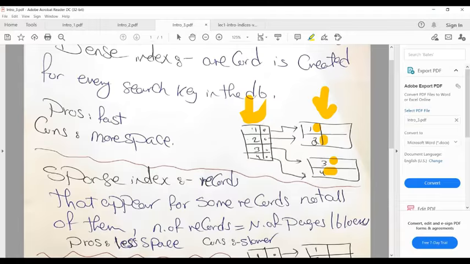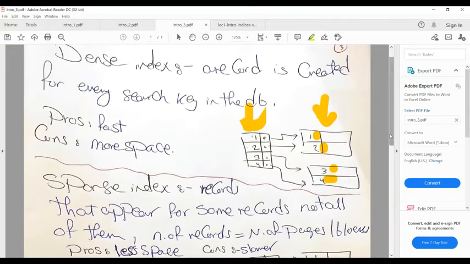I have 1, 2, 3, 4 records, then each of those 4 records must be included in my index. So in my primary dense index I have the 4 records in order to reference the 4 records that exist in our DB.